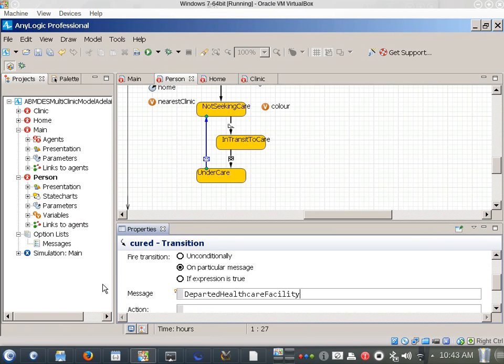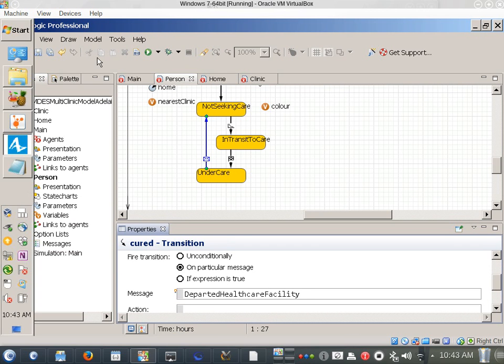Yeah, I want this to be departed healthcare facility rather than this other one. This is due to a lapse in the clarity of my notes.